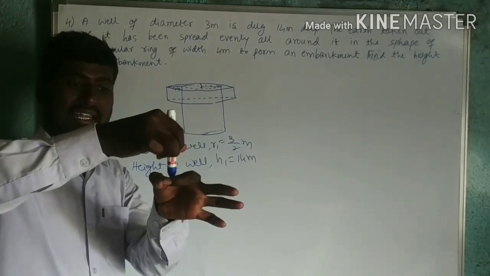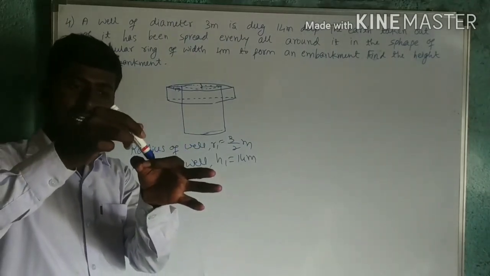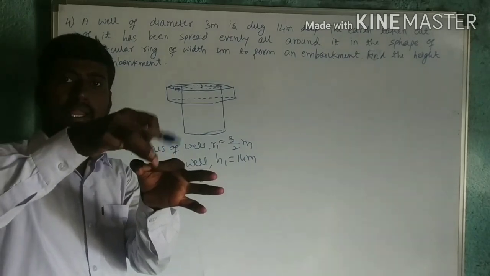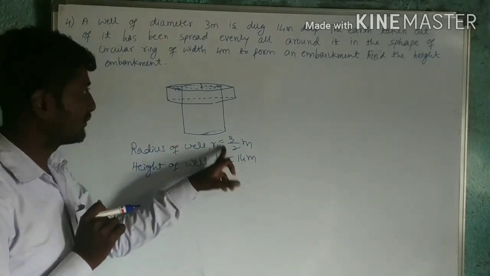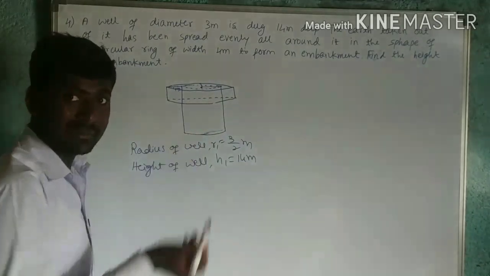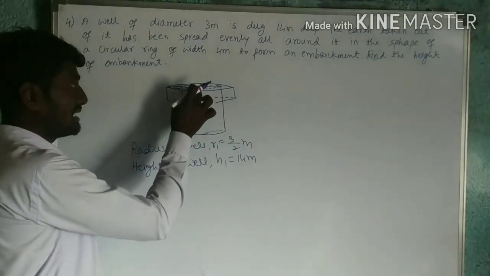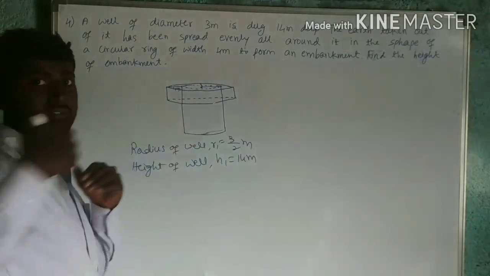From inside I am taking. This is the embankment. Inside of this embankment, that is R1 only, that is 3 by 2 only. From ear to ear both are same. Next, I will take another one which is from here to here, out of this.